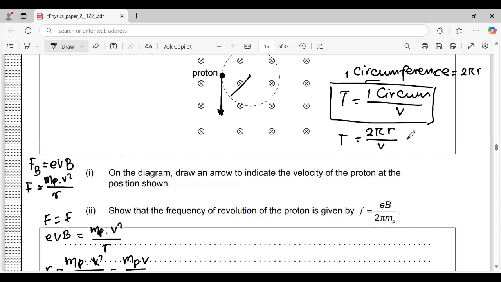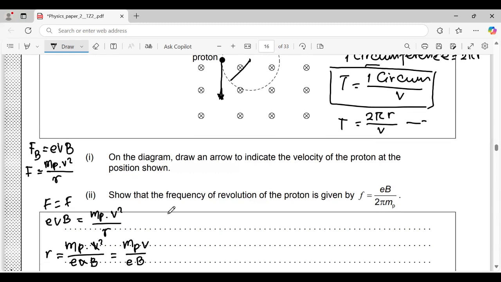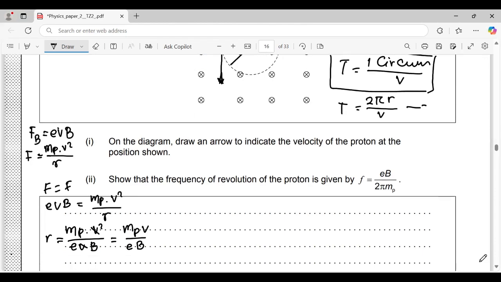So we can substitute r into this formula. T equals 2 pi r over v.